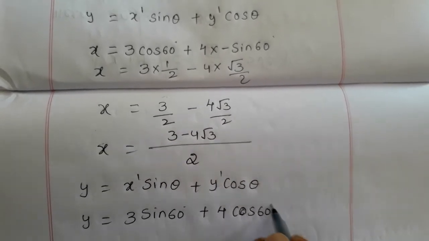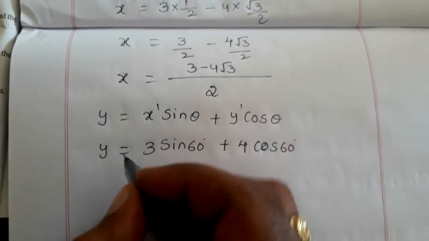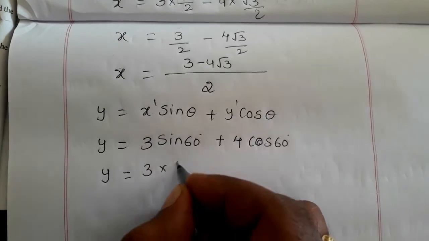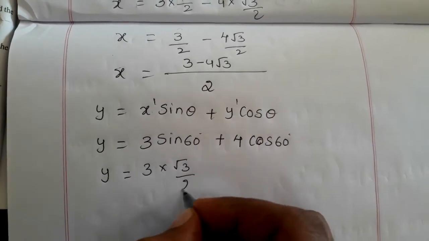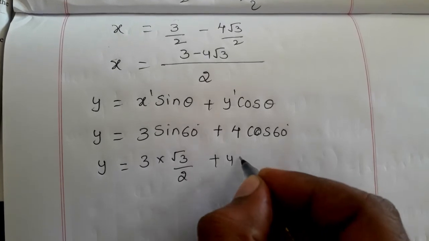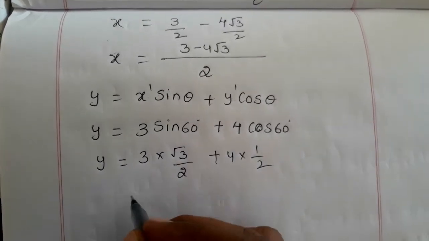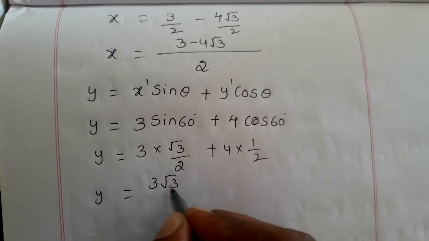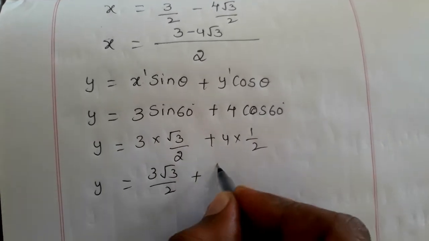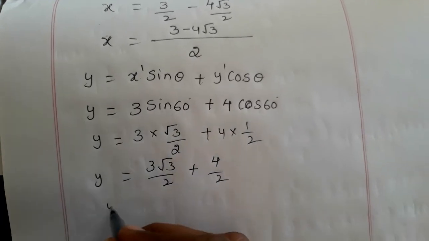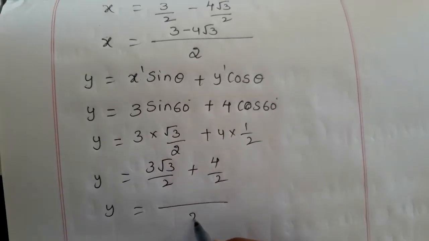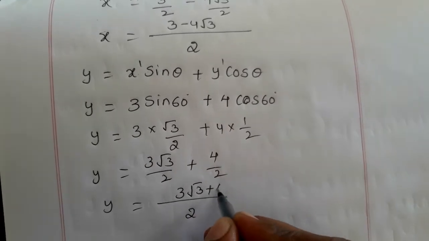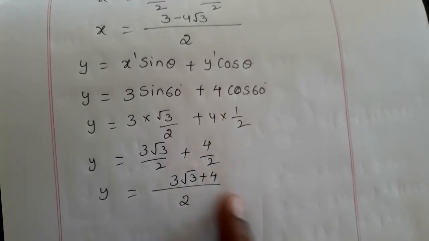So y is nothing but 3 times sin 60 is root 3 by 2, plus 4 times cos 60 is nothing but 1 by 2. So 3 into root 3 by 2 plus here 4 by 2. Both having the common denominator, we can write 3 times root 3 plus 4 by 2. So this is the value of y.